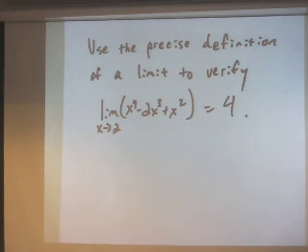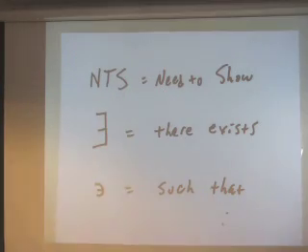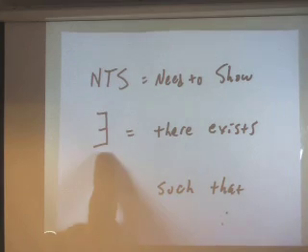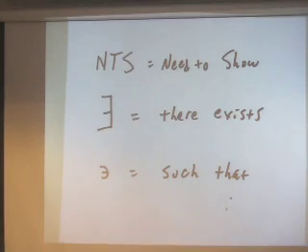Okay? Before we do that, let's get some symbols down. NTS stands for need to show. This symbol means there exists. This smaller backward E symbol means such that.